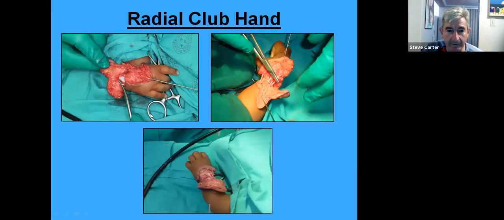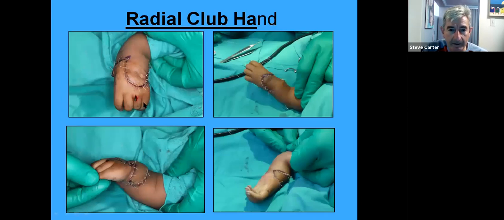So essentially what you do when you do your club hand correction is you do your skin flap, and then you do a complete disarticulation through the radiocarpal joint, and you centralize the carpus onto the ulna. Okay, so it's a centralization procedure. All right, you can see on the bottom slide it's nice and straight, and then you close your flaps up so you have a straight hand.